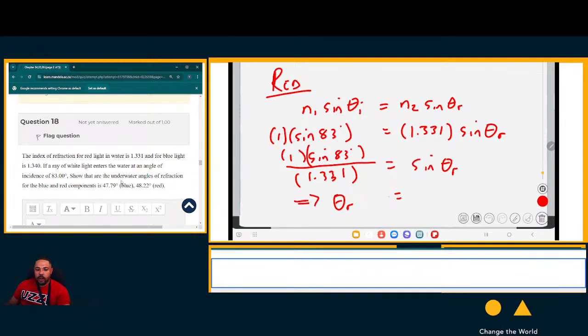You will find that, let me see if I can do this on this Desmos calculator that's been given. Where's the calculator? Okay, there it is.